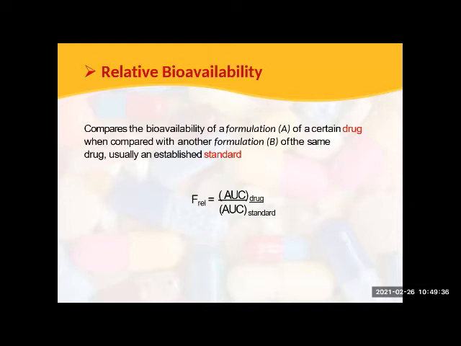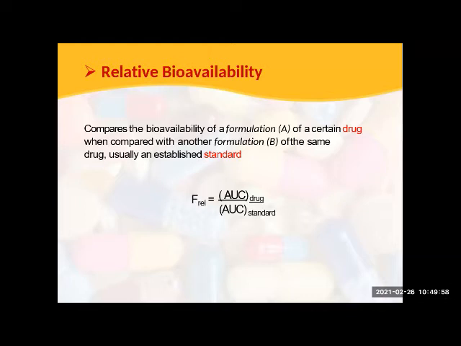And whenever we compare this, we will get relative bioavailability. Okay, so the value should come out to be closer to 1. If it exceeds 1, it means that the bioavailability of the generic product is better than that of the branded product.